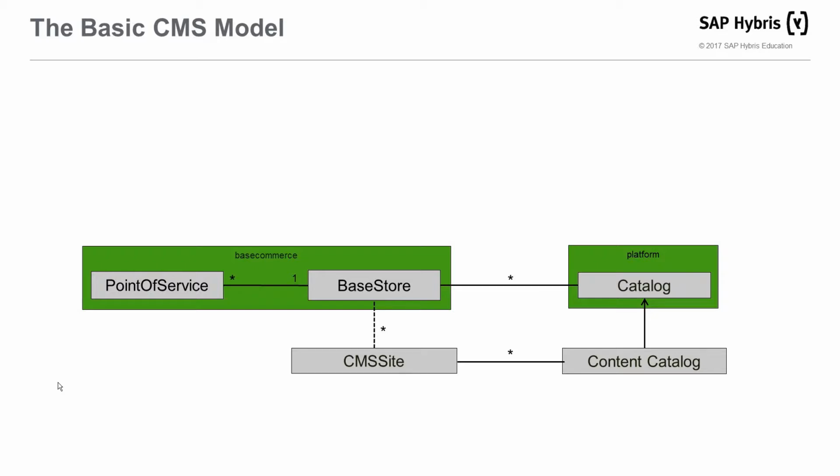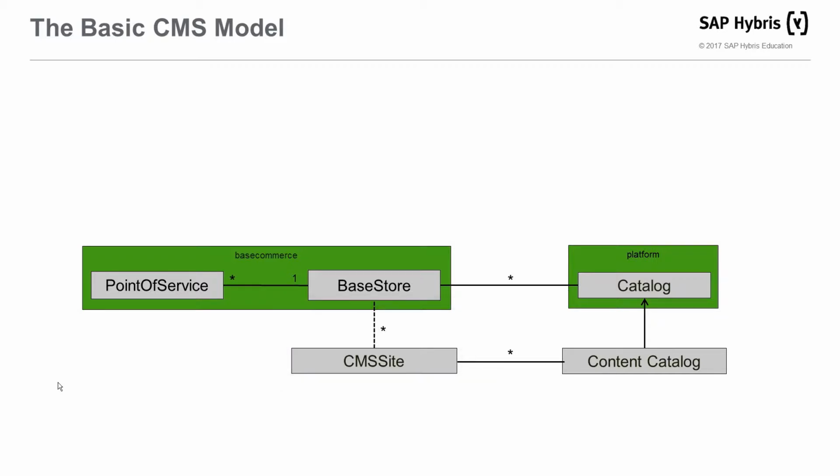The final element of our simplified CMS model is the base store. This represents the store itself, independent of its storefront. While it is common to configure a base store to have a single storefront website, it is possible to have multiple storefront websites based on the same base store. A base store could thus have several physical shops or warehouses associated with it, several product catalogs, as well as several websites.